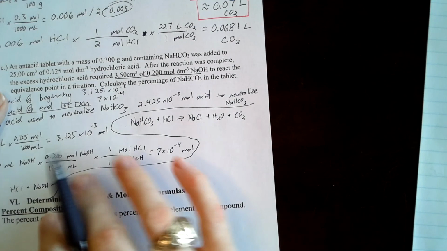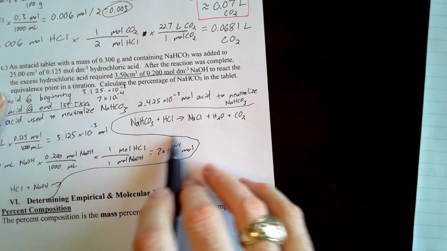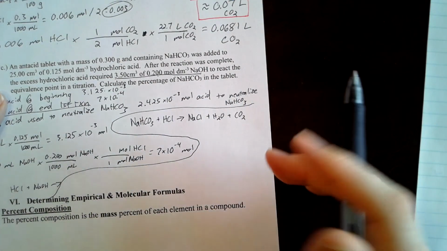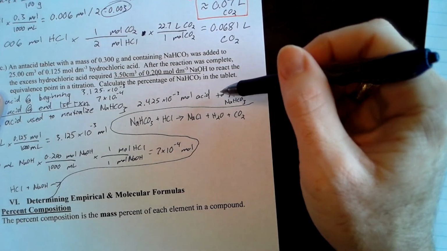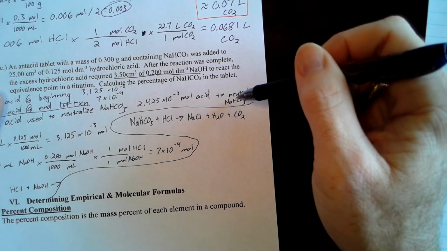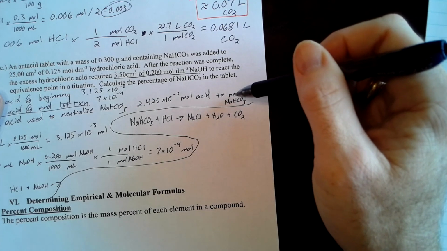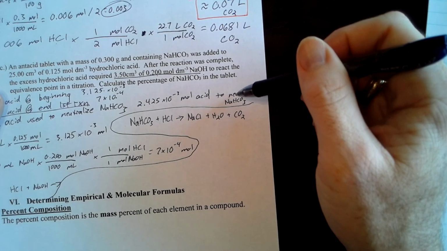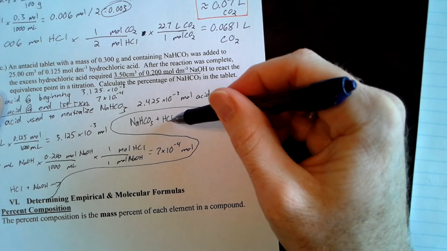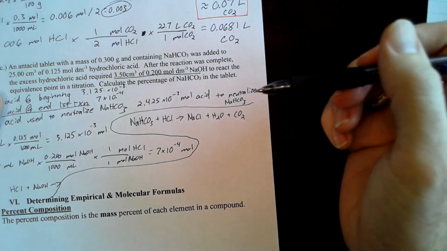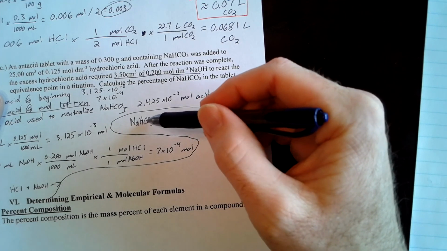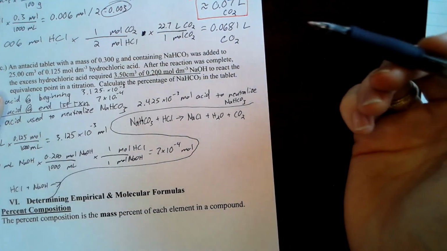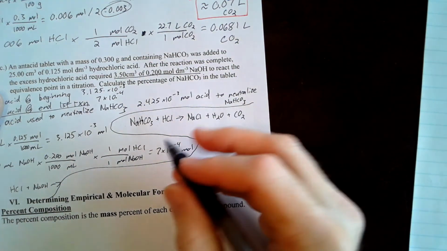This is a balanced equation. What we are going to find out is that the moles of the acid required to neutralize this, we can use that to figure out the moles of NaHCO3. And then we can convert the moles of NaHCO3 into the grams of NaHCO3. So stick with me.